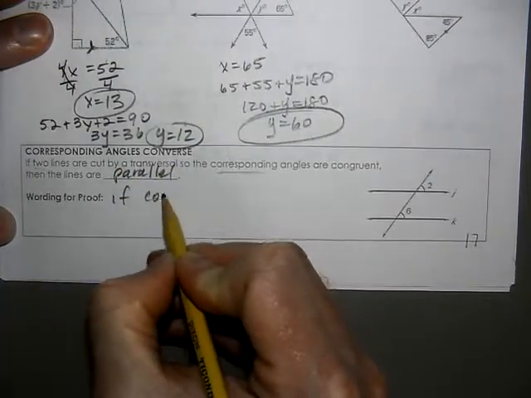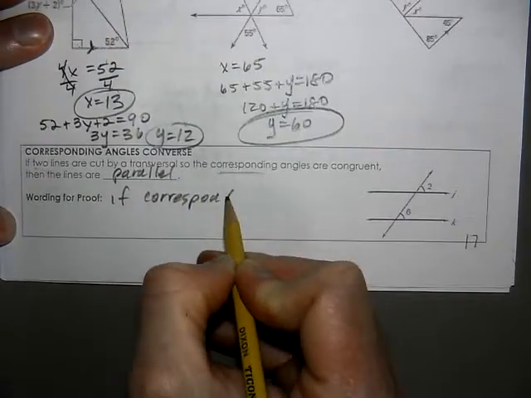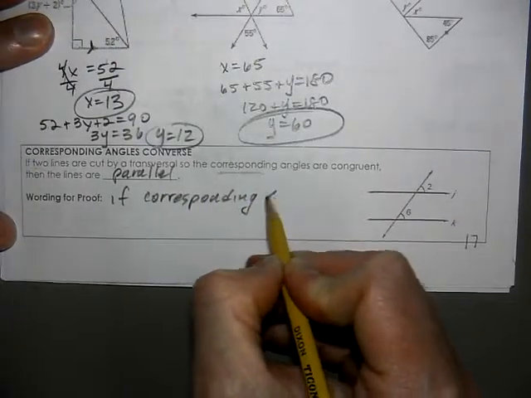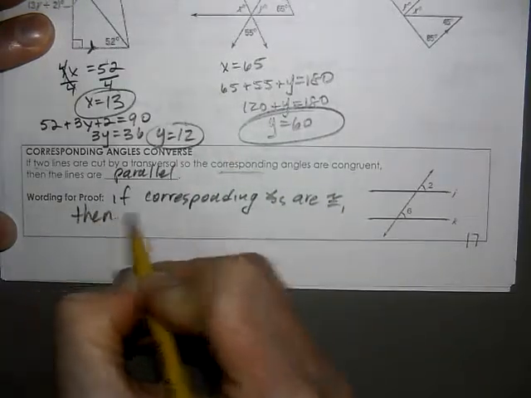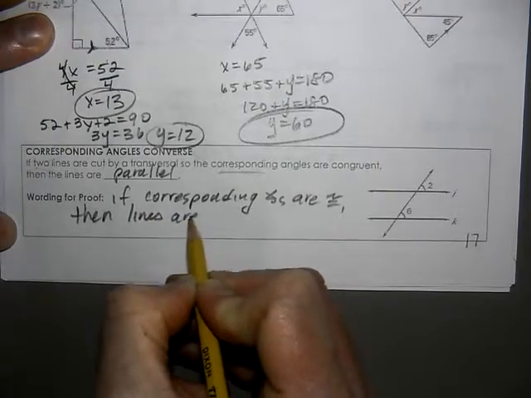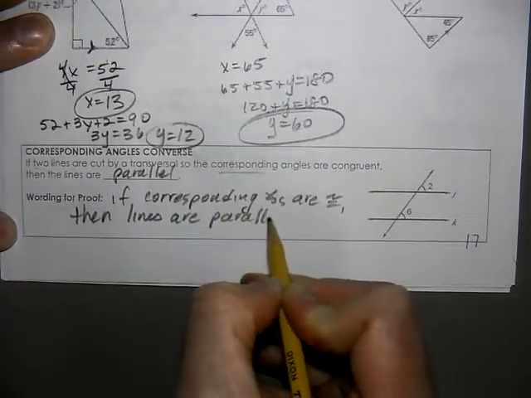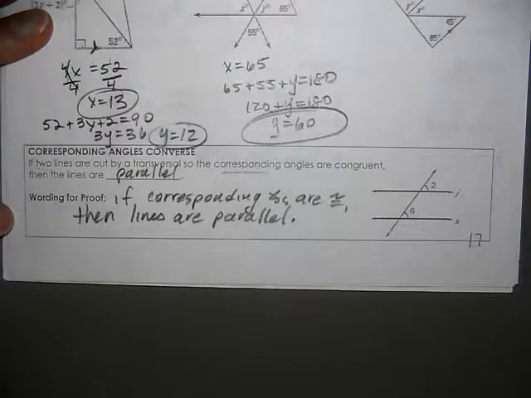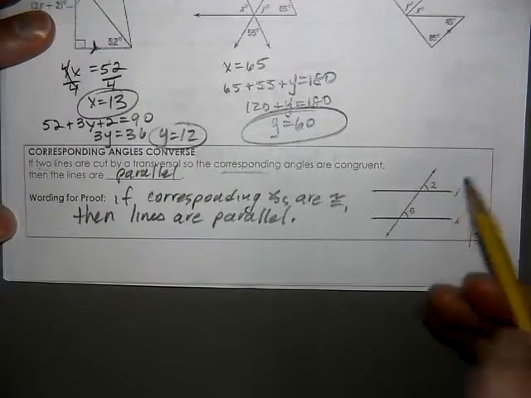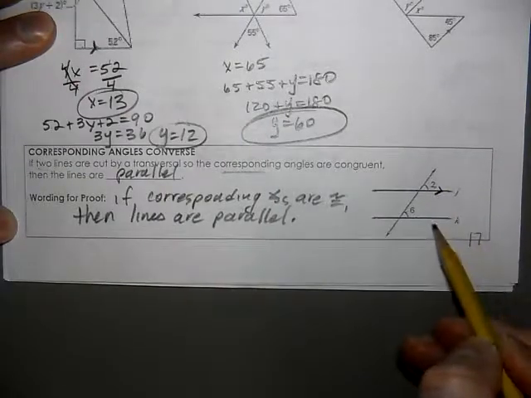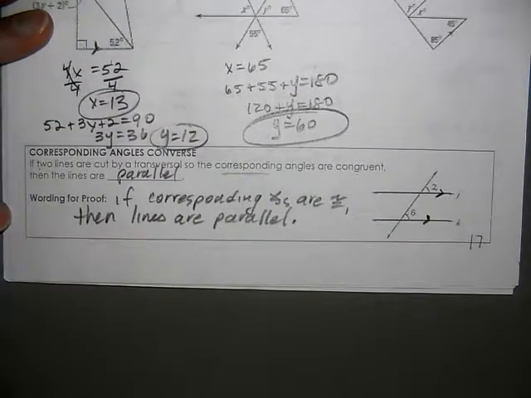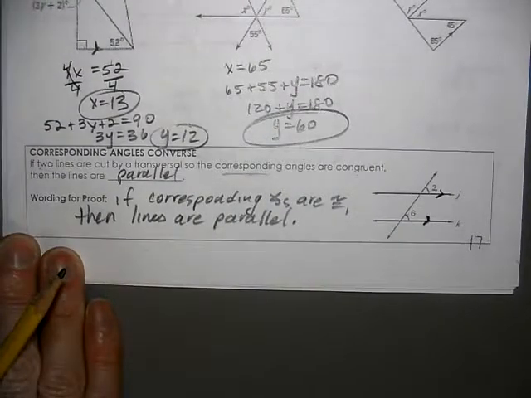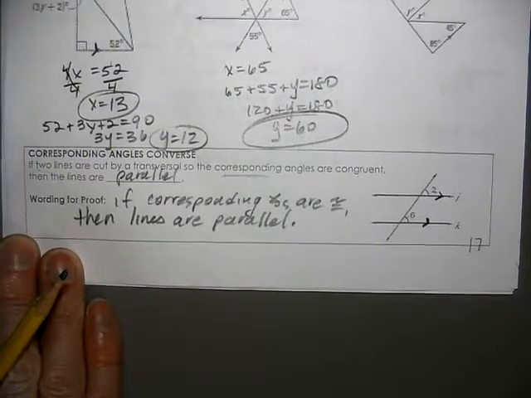If corresponding angles are congruent, then lines are parallel. So if you know that, then we know we usually put arrows on a line if we know they're parallel. Then the lines are parallel. So that tells us what these converses are.